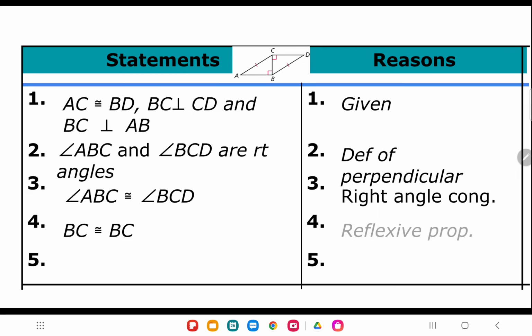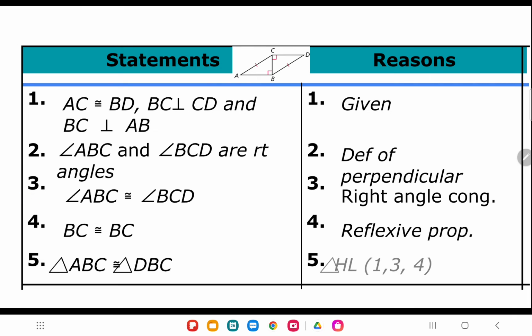That is the reflexive property. And then I'm going to end up with this segment here. That's a leg. And I have the hypotenuse of the right triangle. So I can say that ABC is congruent to DBC by the hypotenuse leg theorem. And that's at steps 1, 3, and 4.